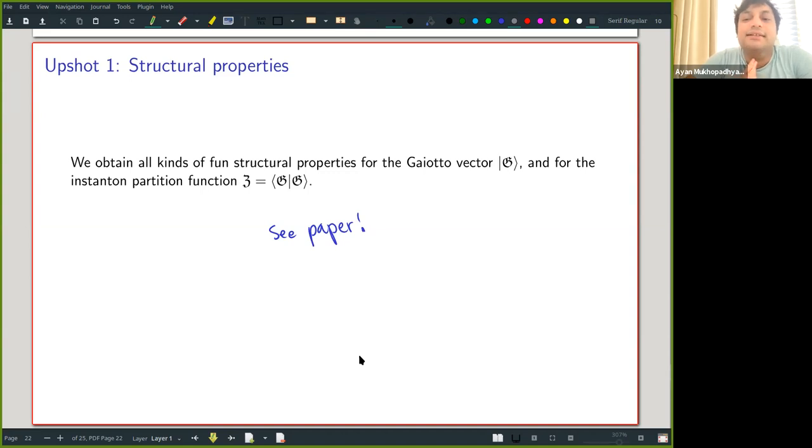Yes, because what this localization means is that your Gaiotto vector or your instanton partition function is a sum over partitions, so Young diagrams with certain weights. And in that particular case, this particular geometry that we're looking at, if you do localization, you find a generating series of Hurwitz numbers.